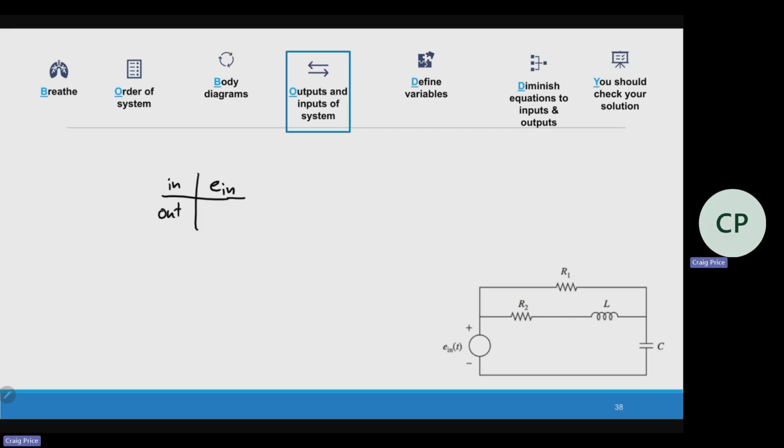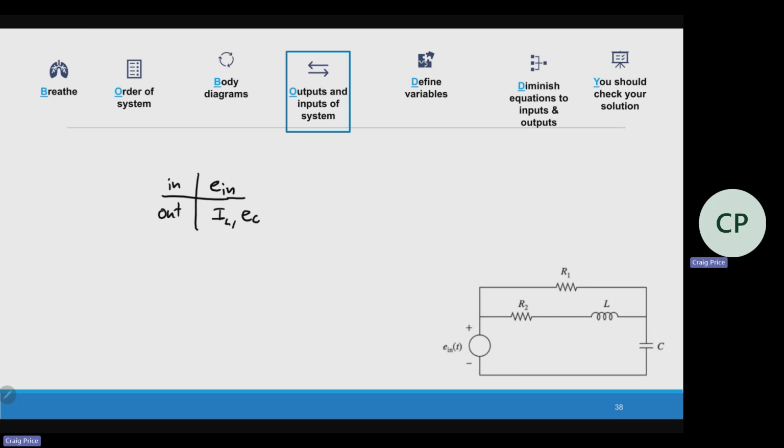What are the outputs? Very good. These are really my 2 outputs. I have a capacitor, which has a voltage, and an inductor, which has a current. That's how they store energy. You include both of those. Now, the question asked for one of those for my transfer function, so I can also use that to help me out.